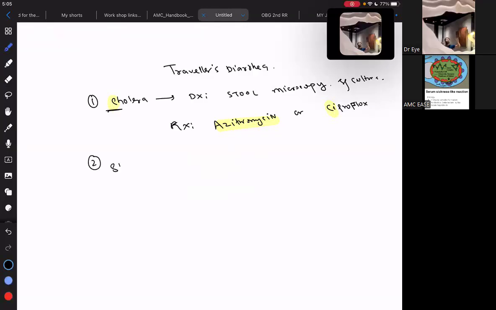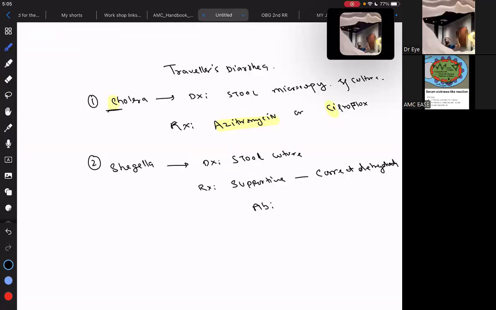Second one, Shigella. For the diagnosis, you go for stool culture, and treatment is basically supportive, where you have to make sure you are addressing the dehydration.